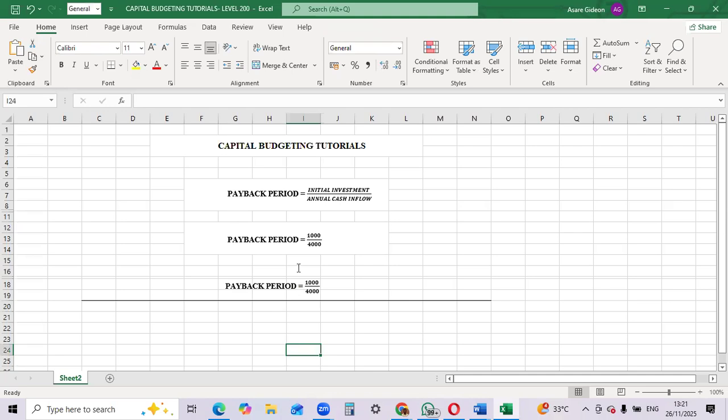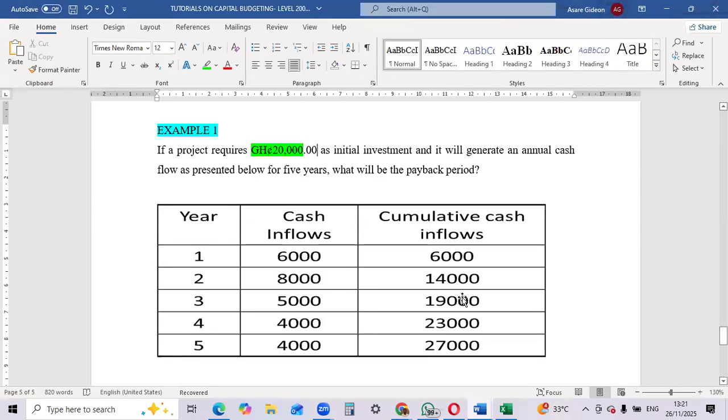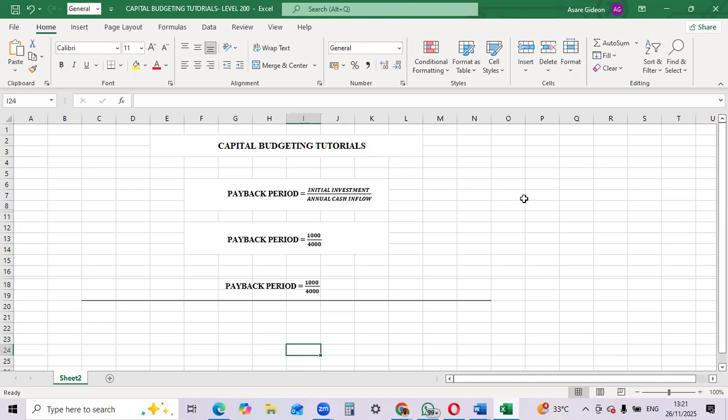Now, what we are going to do is that you have to take the difference. Okay, the difference. Now, what am I saying? Okay, so let me practically represent this. So this was the initial cost.